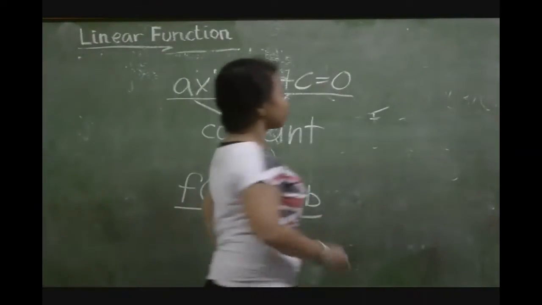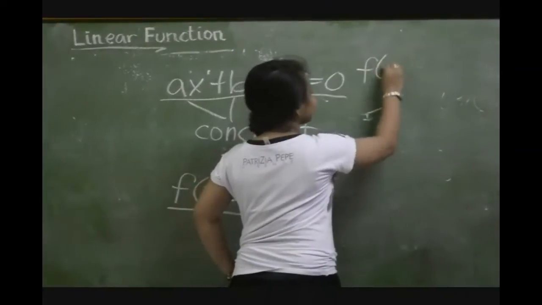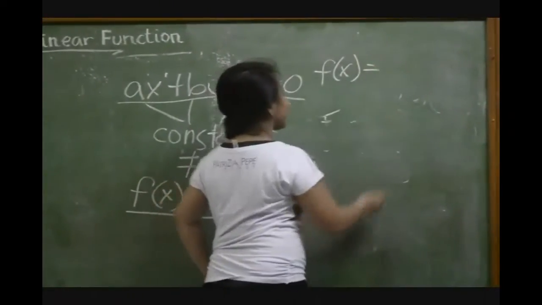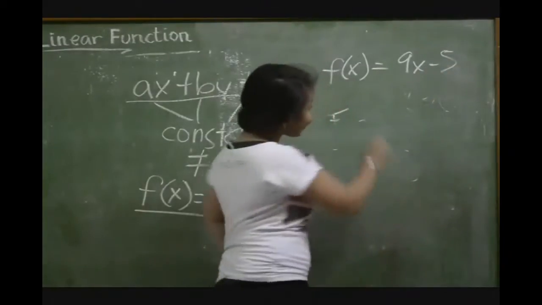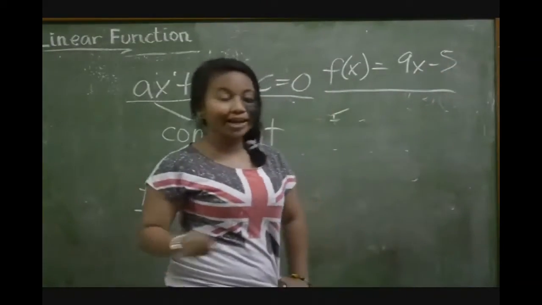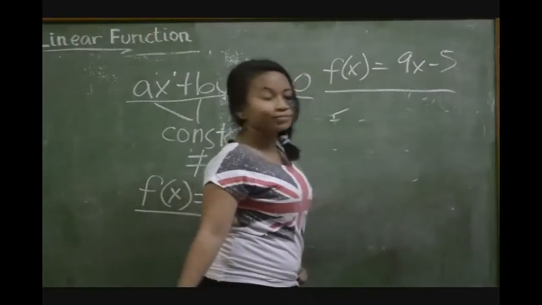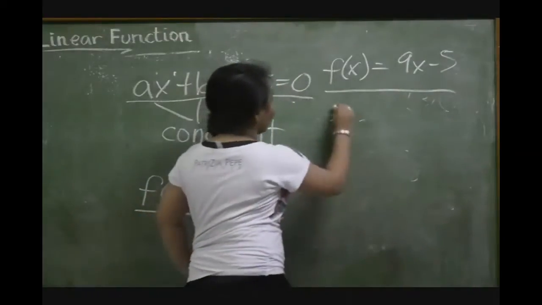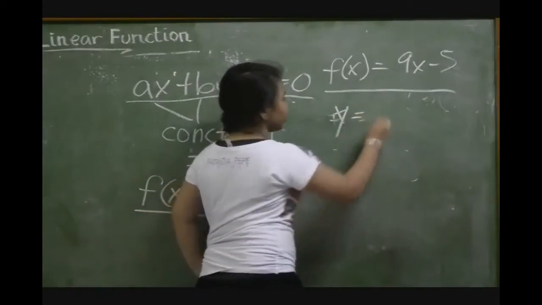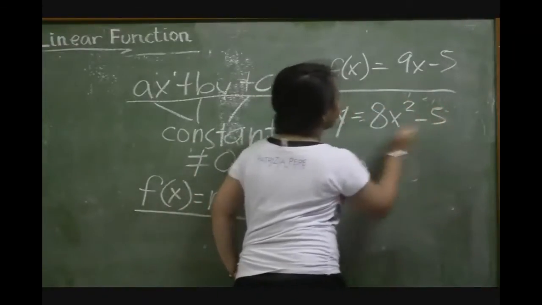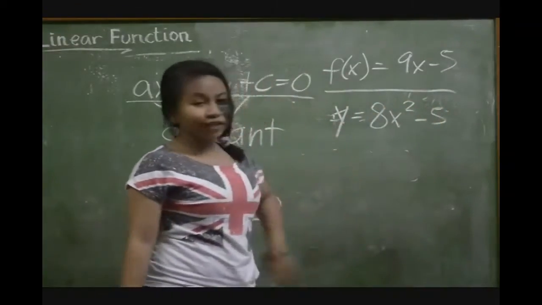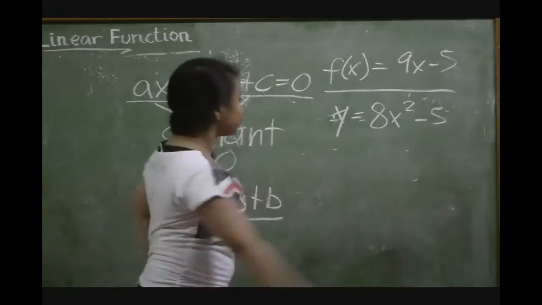Example, f of x equals 9x minus 5. This is a linear function. Why? Its degree is 1. Next, y equals 8x squared minus 5. Remember that f of x and y are the same.